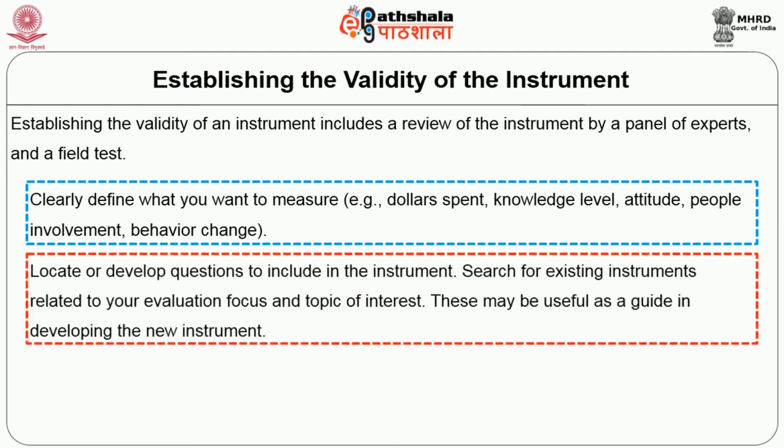Locate or develop questions to include in the instrument. Search for existing instruments related to your evaluation, focus, and topic of interest. These may be useful as a guide in developing the new instrument.